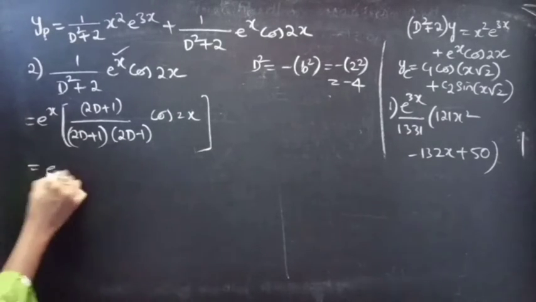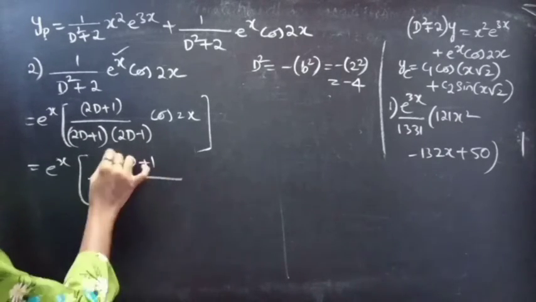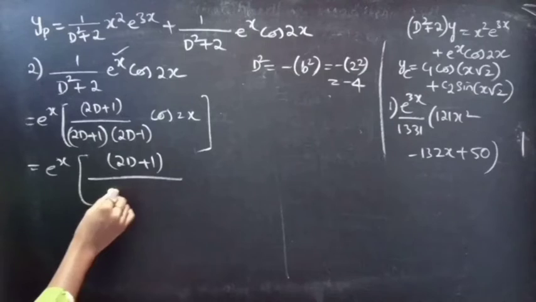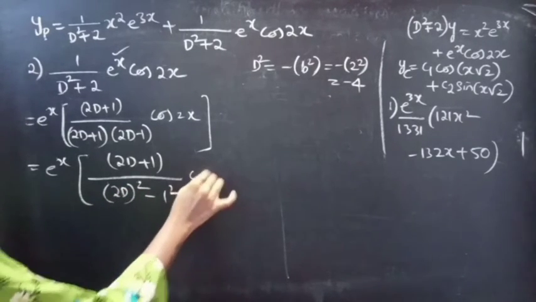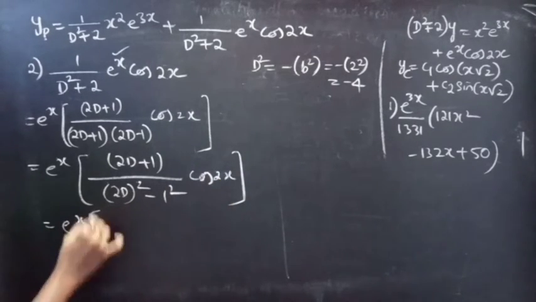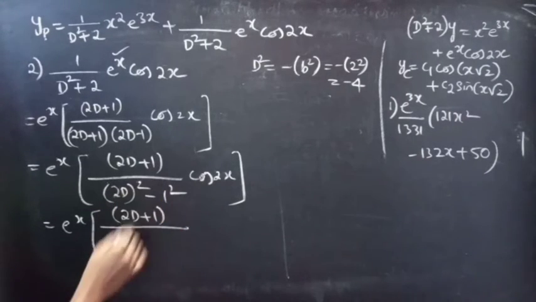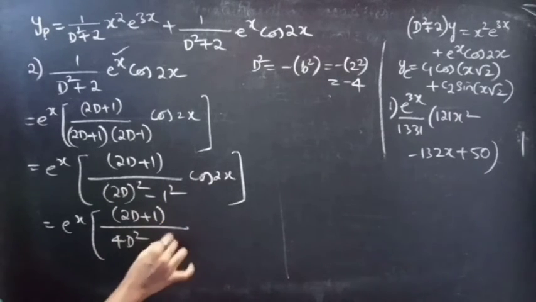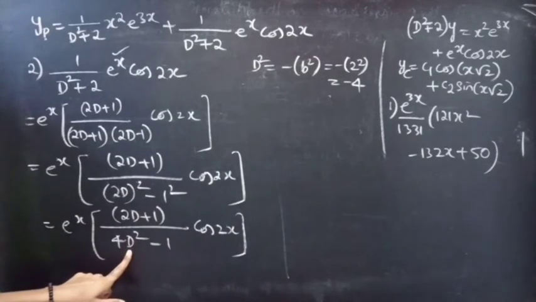We can write this as e power x into 2d plus 1 by a plus b into a minus b, which is a square minus b square, into cos 2x. This is equals to e power x into 2d plus 1 by 2d whole square, which is 4d square minus 1, into cos 2x.